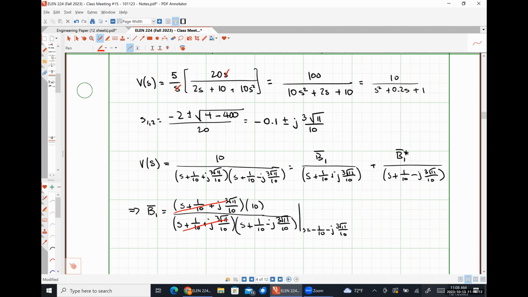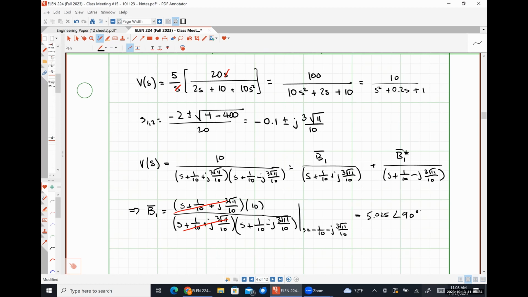So if I throw this into my calculator, what I wound up getting was 5.025 and some change, just rounding, with an angle of 90 degrees.